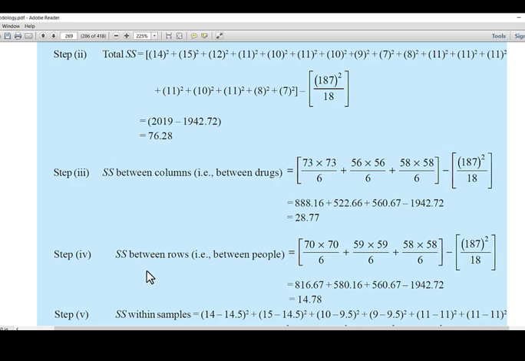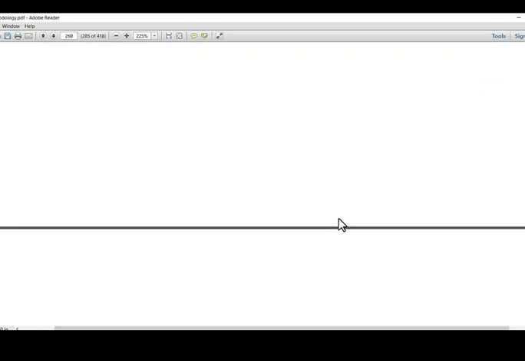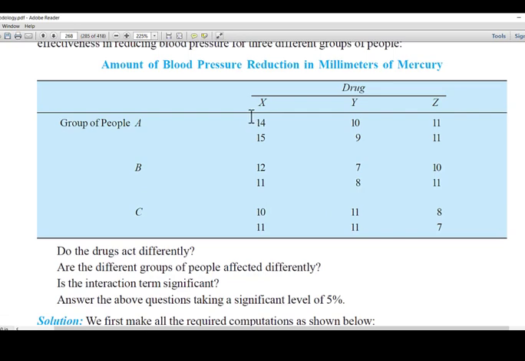SS between rows, that is 70, 59 and 58. How those are obtained you can see here. Rows means this one; you make the summation: 24, 25, 35, 59, 70, and the number of values is 6.